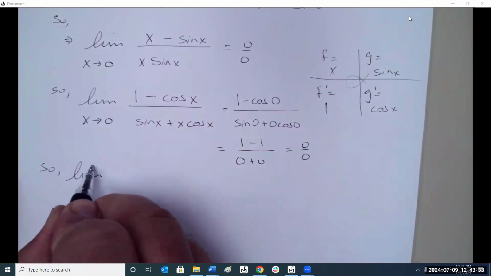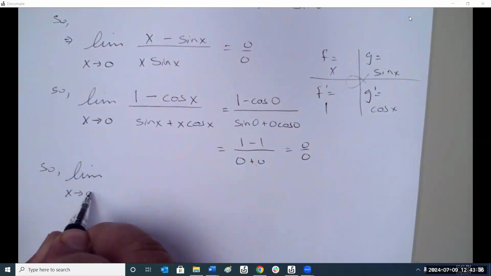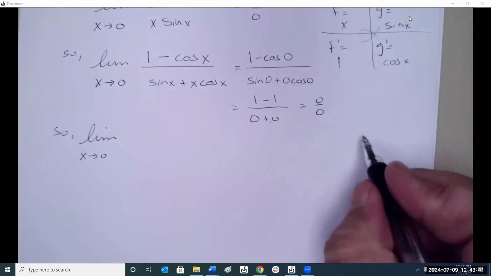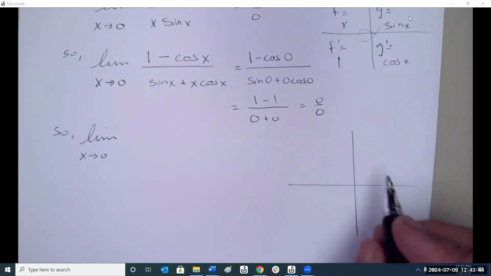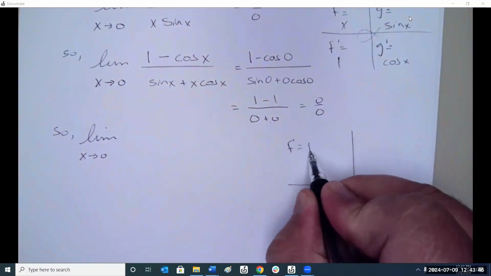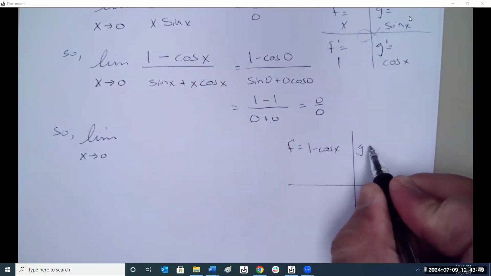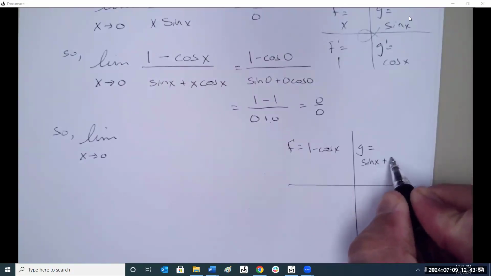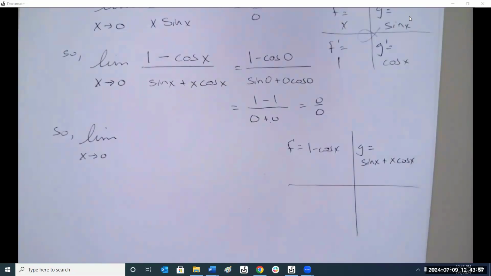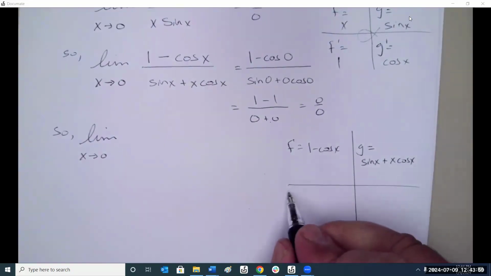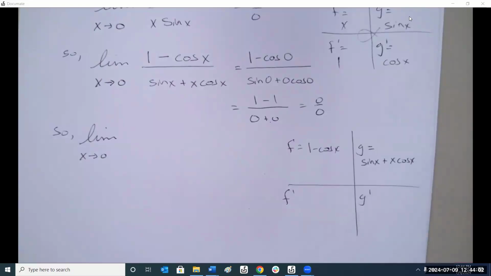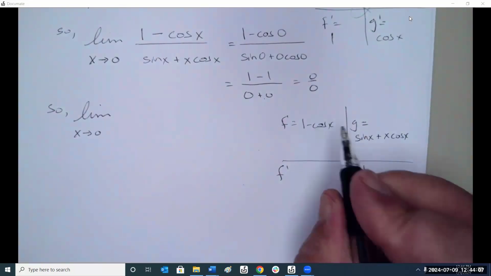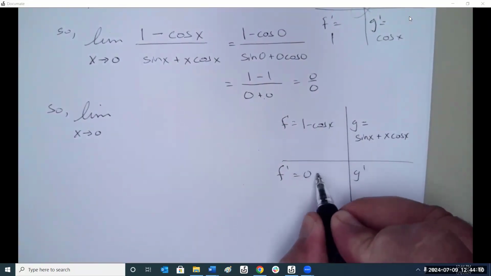So we got to take the derivative again, using the quotient rule. So f of x is 1 minus cosine x. G is sine x plus x cosine x. Derivative of 1 minus cosine, that's 0.